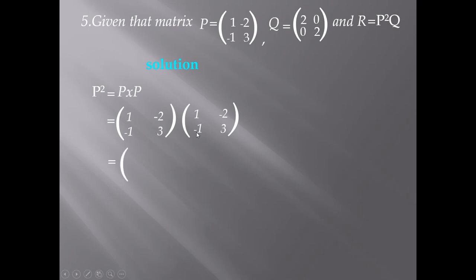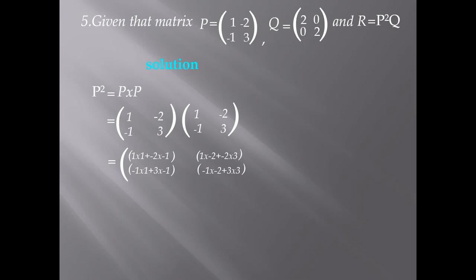So we shall take 1 times 1 plus negative 2 times negative 1. We proceed to this: negative 1 times 1 and 3 times negative 1. We don't end at that. We shall now take 1 times negative 2 plus negative 2 times 3.